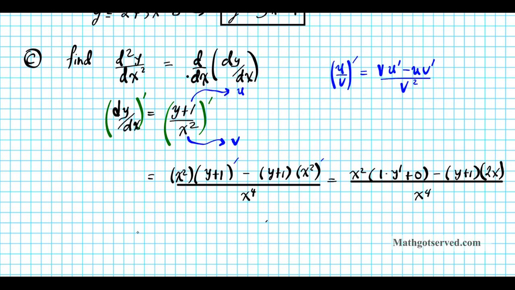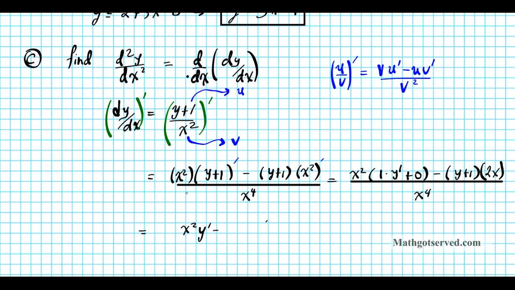So let's simplify that. We're going to distribute x squared to that term, which yields x squared y prime minus 2x times y plus 1.